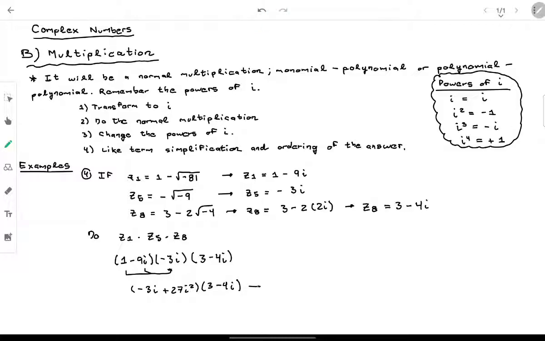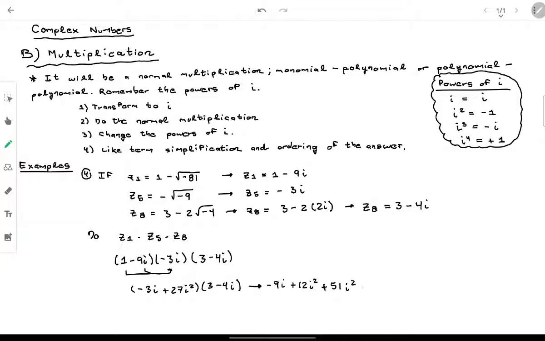So now we have a binomial times a binomial, so we need to do the whole multiplication. So the first one is going to be minus 3 times 3. It's going to be minus 9i. Minus times minus, it's going to be plus. 4 times 3, it's 12. I and I is going to be I squared. 27 times 3, it's going to be, I'm sorry, it's not 51. It's 81. 81 I squared.